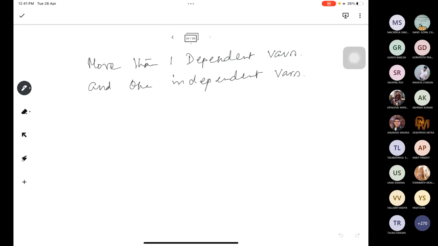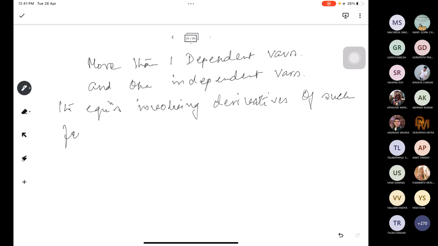Now, when we have more than one dependent variable and one independent variable, the equations involving differential coefficients or derivatives of such functions are called simultaneous differential equations.